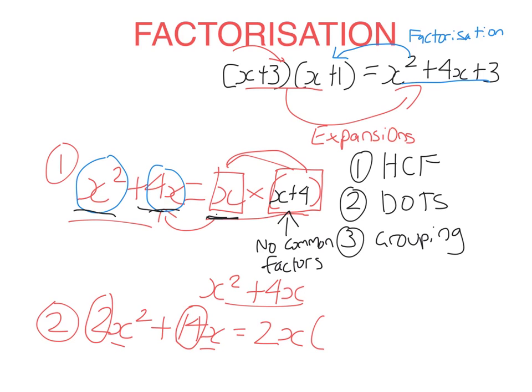So what do I times by 2x to get 2x squared? It's just x. What do I times by 2x to get 14x? Another way you can think about that is 14x divided by 2x, and the answer is positive 7. And again, no common factors with the stuff in the brackets, and if I expand my answer here, I get the original question. One more example.